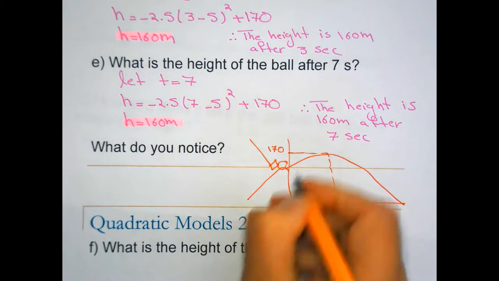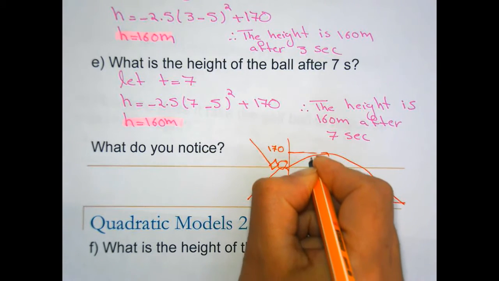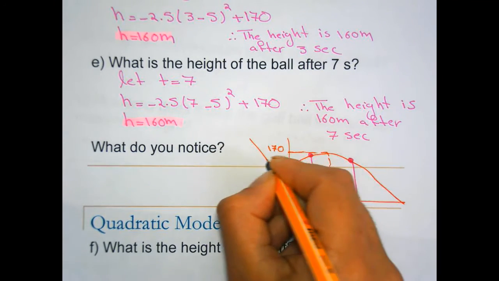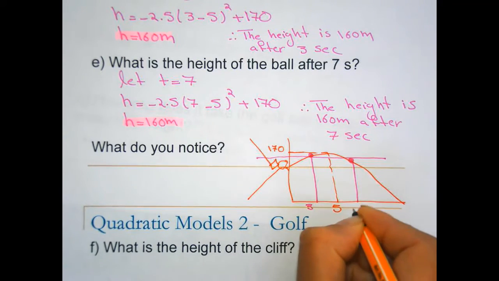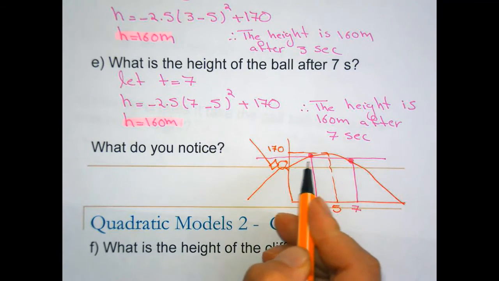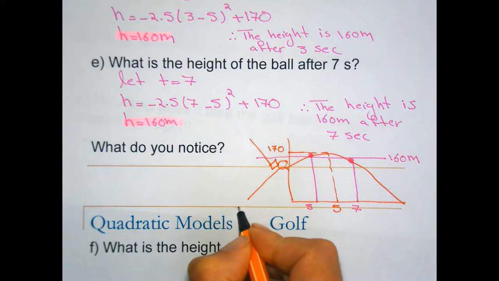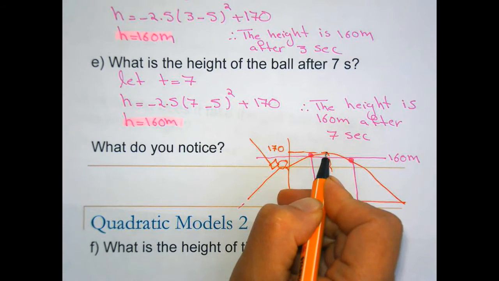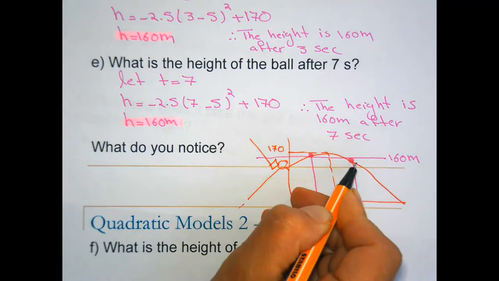But if you pay attention, at 3 seconds and at 7 seconds the ball is at the same height, which happens to be 160 meters. In one of them it is at 160 meters on its way up to the maximum height, and again when it comes down it reaches the same height of 160.